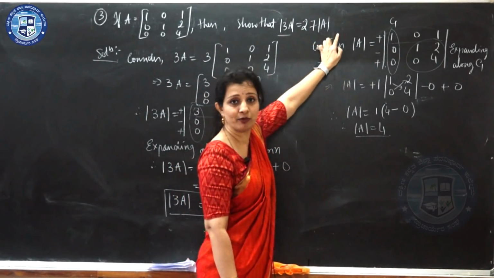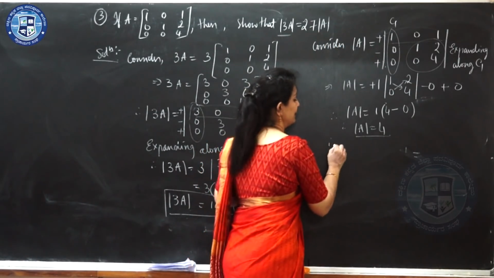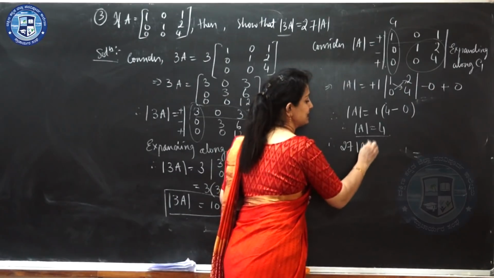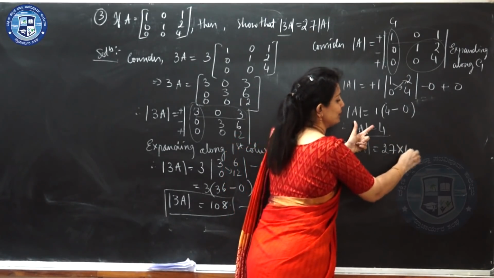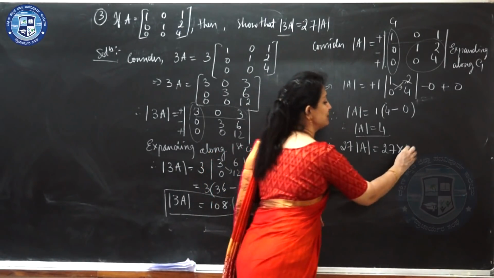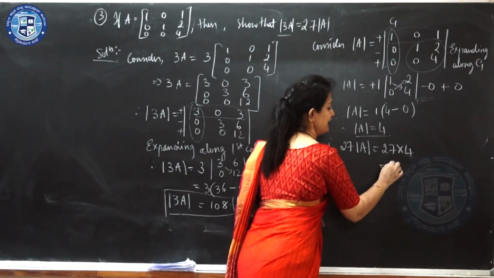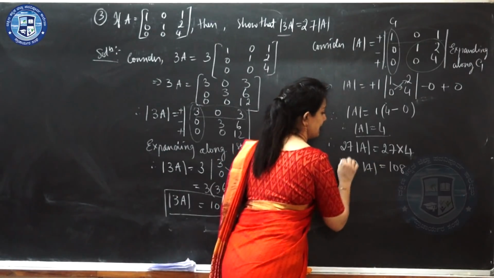RHS is 27 into determinant A. Therefore 27 into determinant A equals 27, determinant A value we got as 4. So 27 into 4, how much, students? It must be 108. So 27 into determinant A is 108.